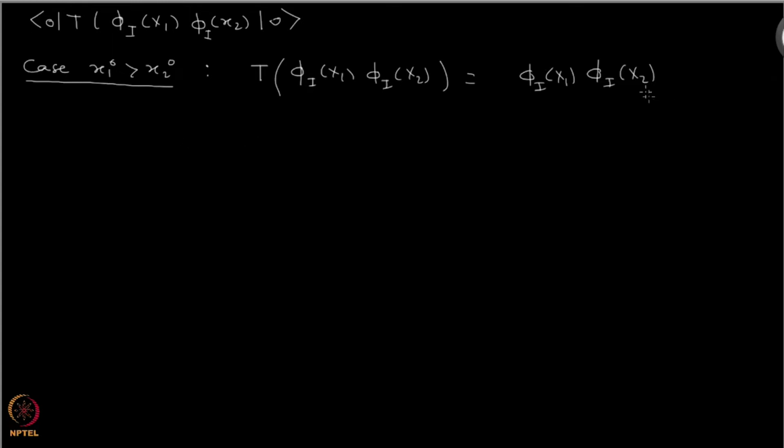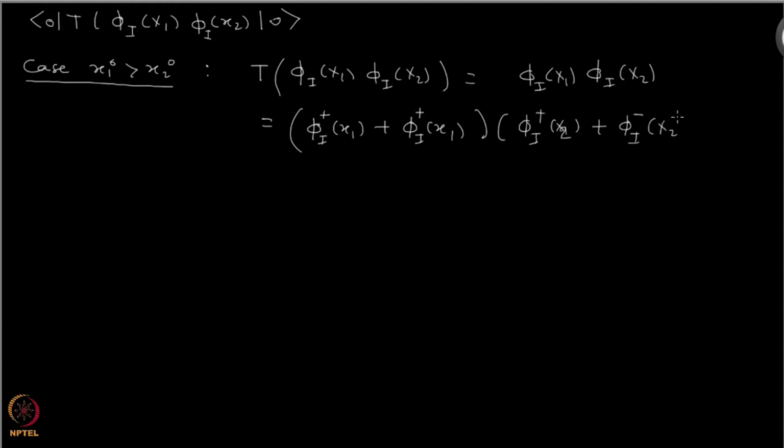Good, then I write this object using phi I plus and phi I minus. Sorry, this is 2. Now I'll just multiply these. Remember, these are operators, so I cannot change the order.